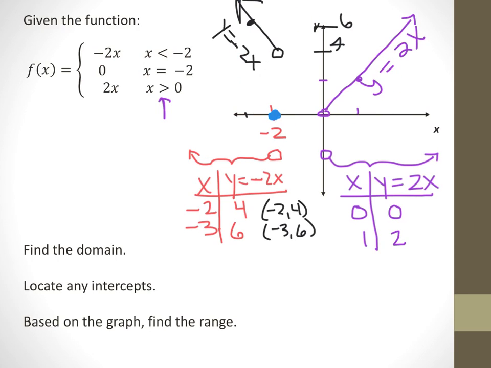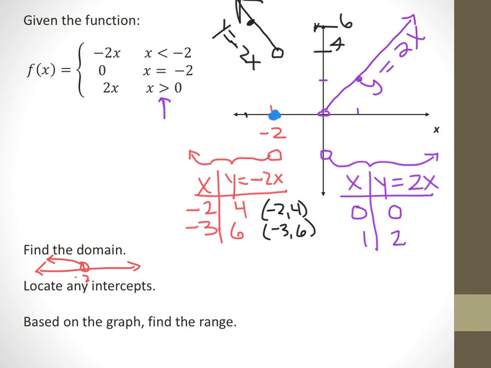So let's go ahead and find the domain now. When we find the domain, we're looking for all the x values. The domain comes from here. So we want, for the domain, everything less than negative 2, so if we have a number line, everything less than negative 2, so we're not including it.